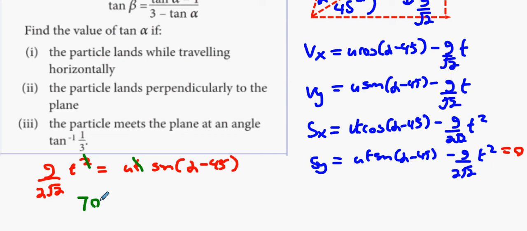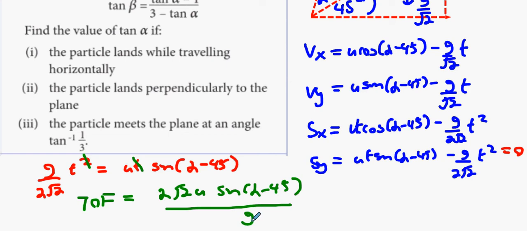Time of flight ends up to be 2 root 2 u sin(alpha minus 45) all over g. Once again, double check that before I get any further.